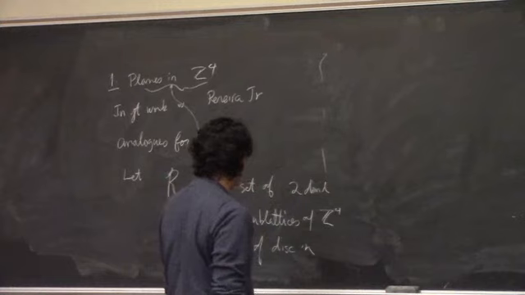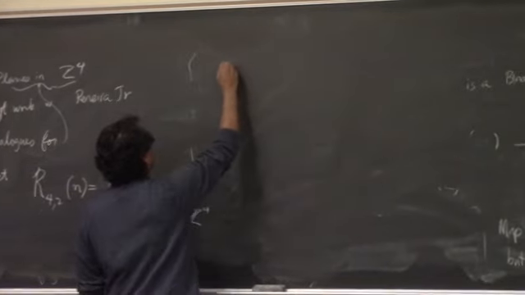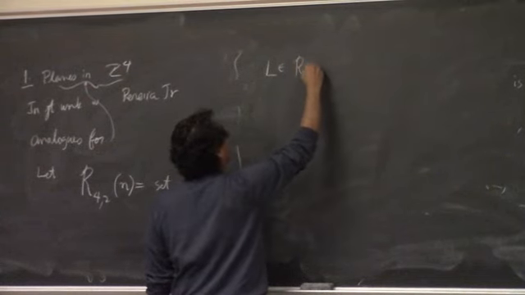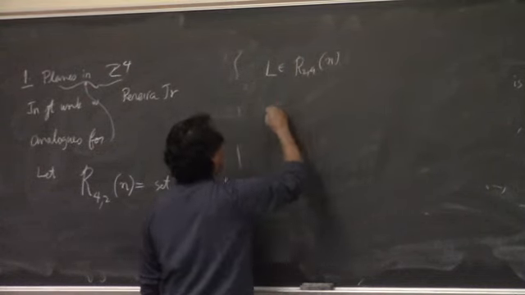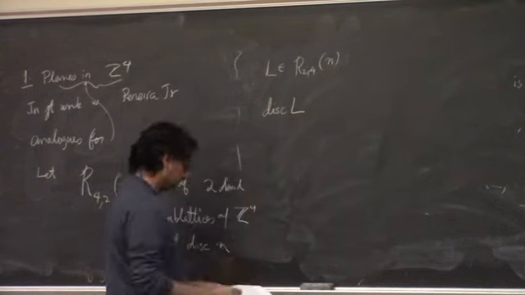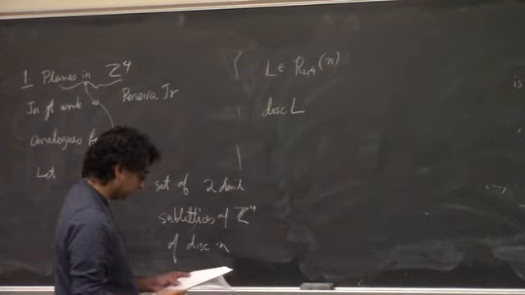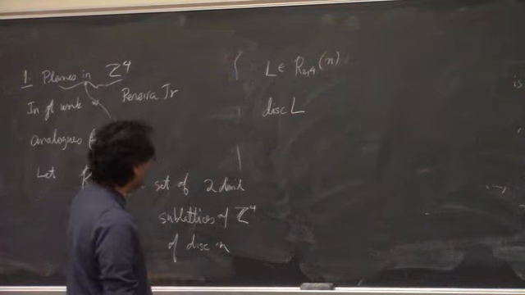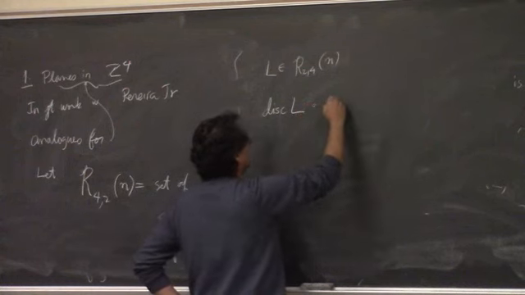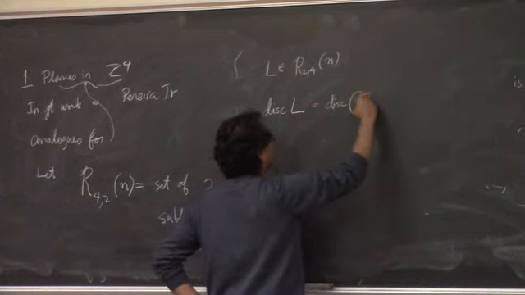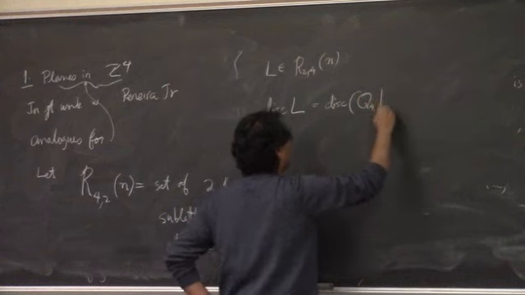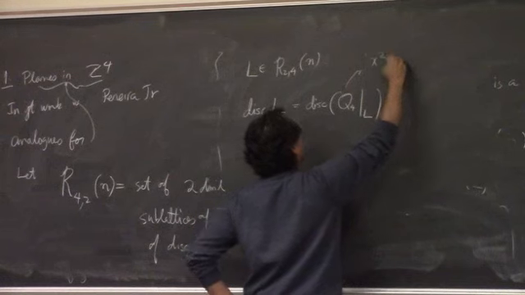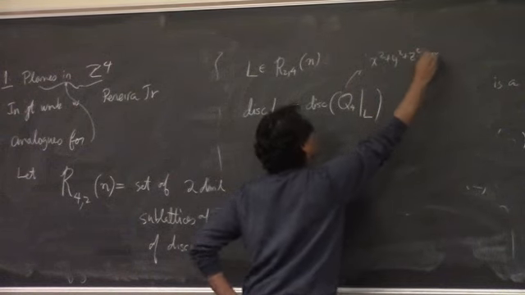What I mean by discriminant here is, for L, the discriminant of L, well, there's different ways to say it. You can say it's the discriminant of Q4 restricted to L, where Q4 is the quaternary quadratic form x squared plus y squared plus z squared plus w squared.